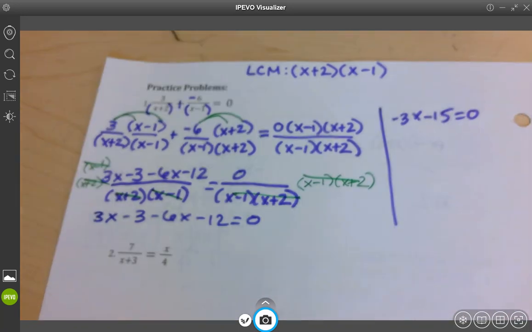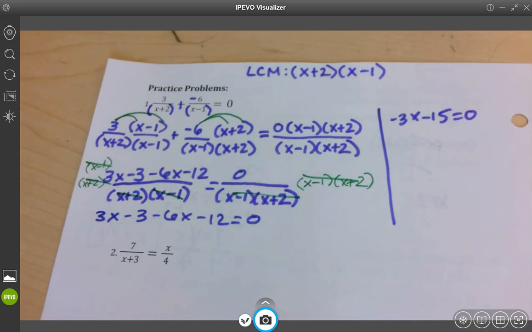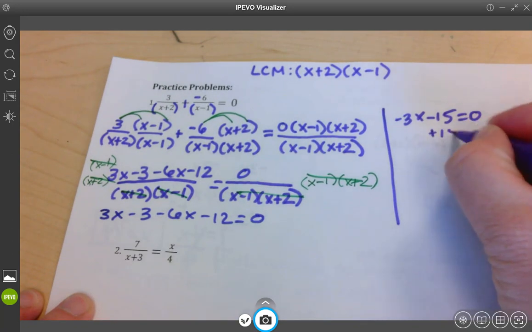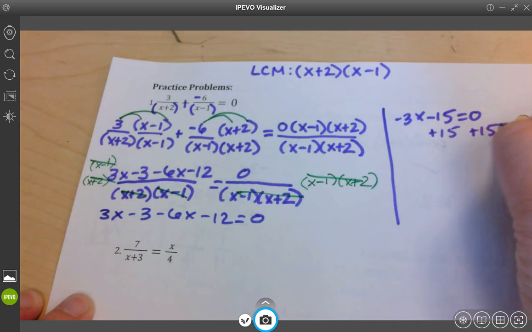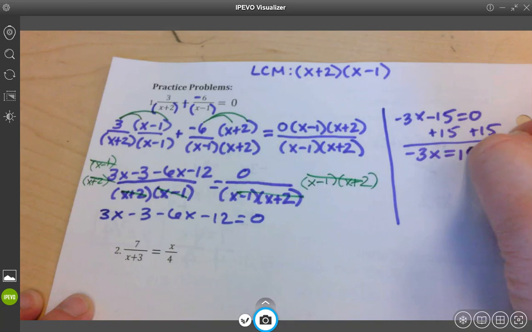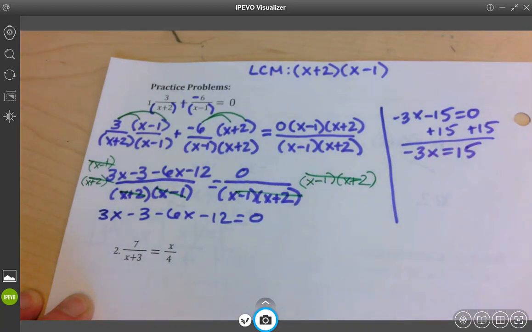I'm going to stop there because I think some people are still processing previous steps. All right, and then I'm going to have to get the x by itself, so I'll add the 15. And then divide by the negative 3.